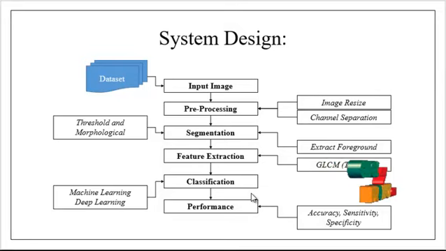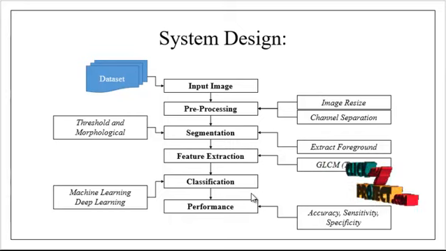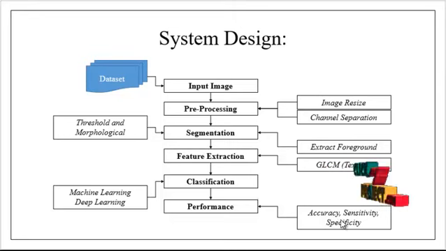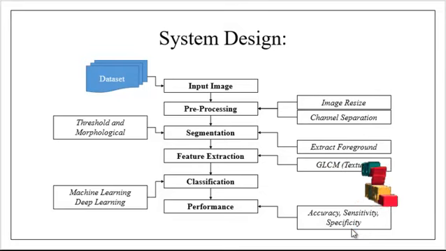In this classification stage, we classify whether the input image is cancerous or not. If it is cancer, it shows the result as cancerous, or else if it is normal, it shows the result as normal. Finally, in performance estimation, we estimate the performance like accuracy, sensitivity and specificity. By these three parameters, we can justify whether our process is efficient.